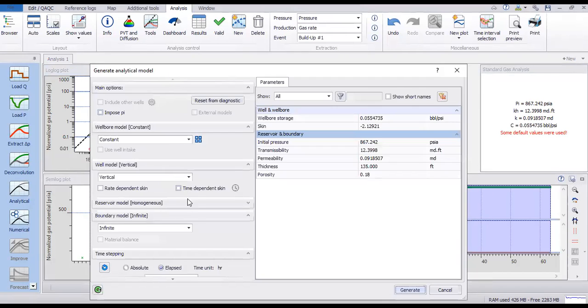Okay, so I'm going to use circular and constant pressure. And the constant pressure distance is very close. It's 20 feet.